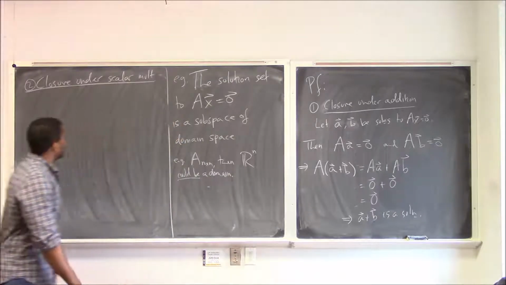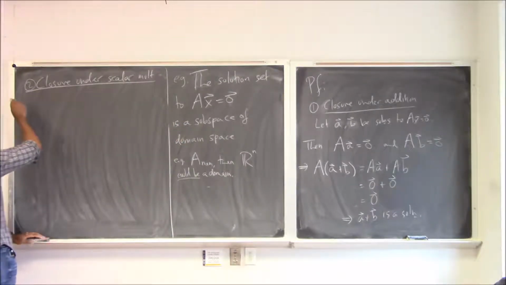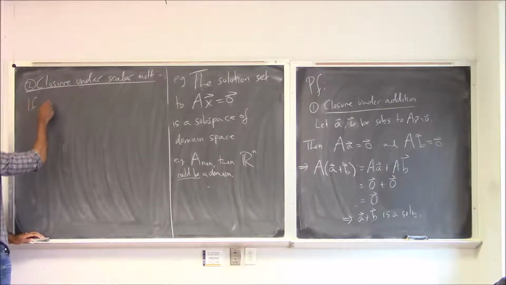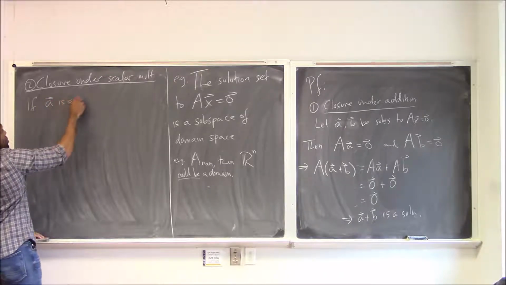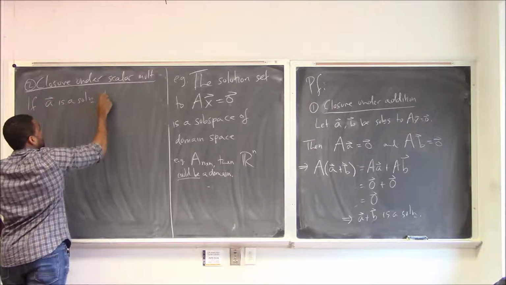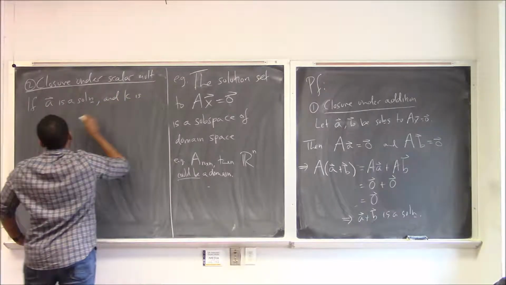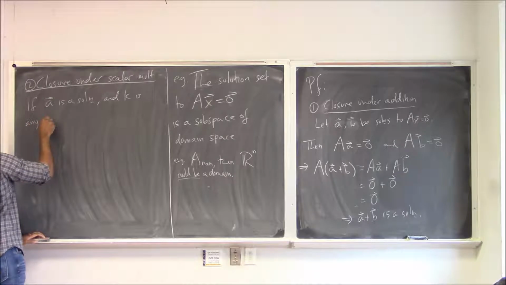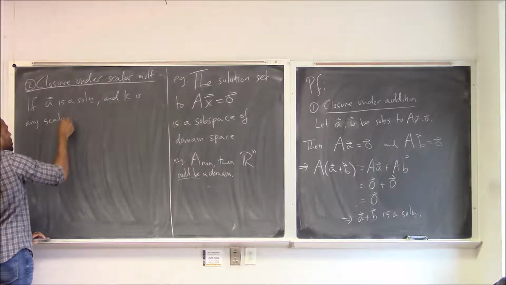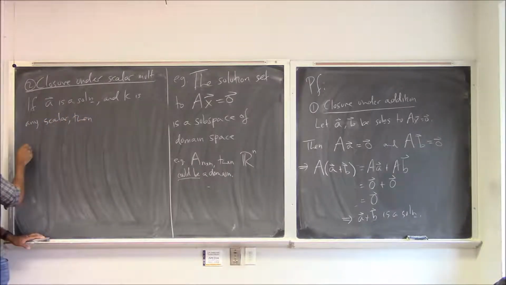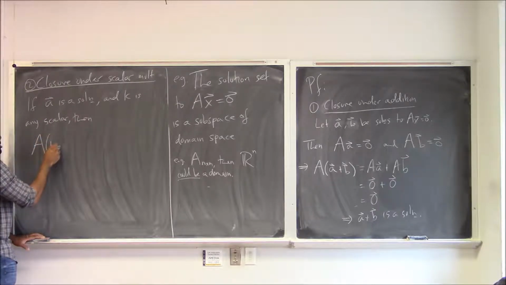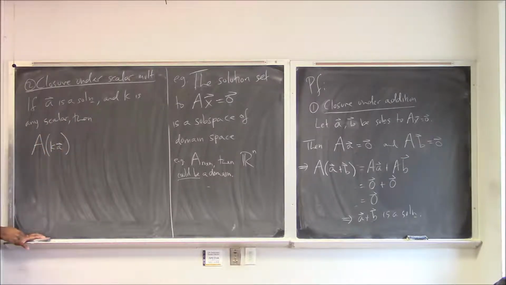We've proven that. And under scalar multiplication, if A is a solution and k is any scalar, then if I take A times the scalar times A, that would be equal to what?